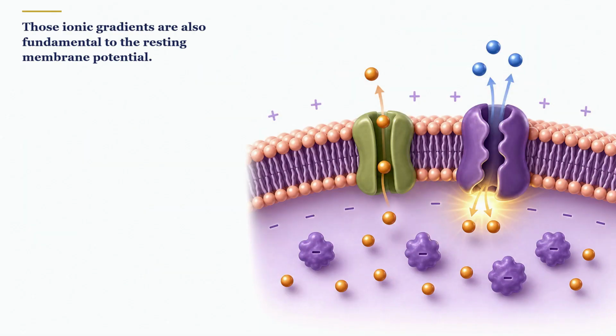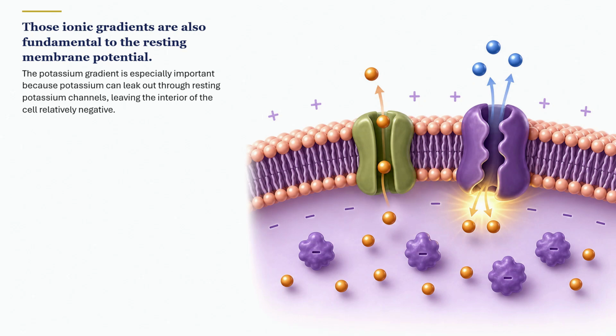Those ionic gradients are also fundamental to the resting membrane potential. The potassium gradient is especially important because potassium can leak out through resting potassium channels, leaving the interior of the cell relatively negative. The sodium-potassium pump maintains the sodium and potassium gradients that make this possible.